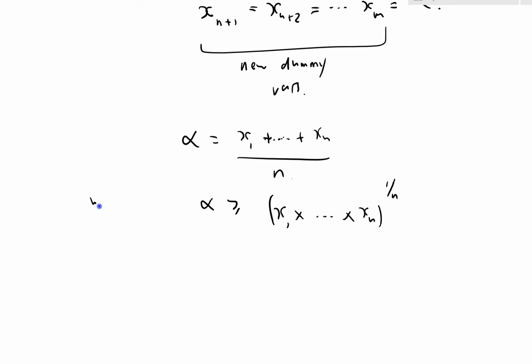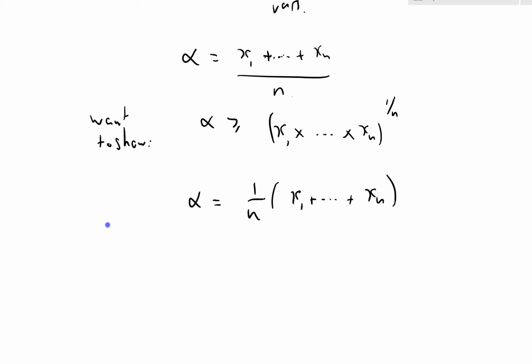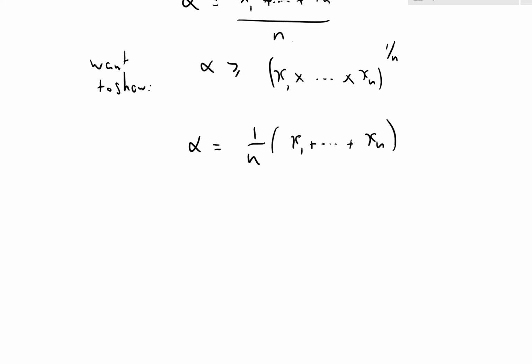So I'm going to take alpha and muck about with it. I want to massage it into a form where I can use the arithmetic geometric mean inequality, and then see what happens.